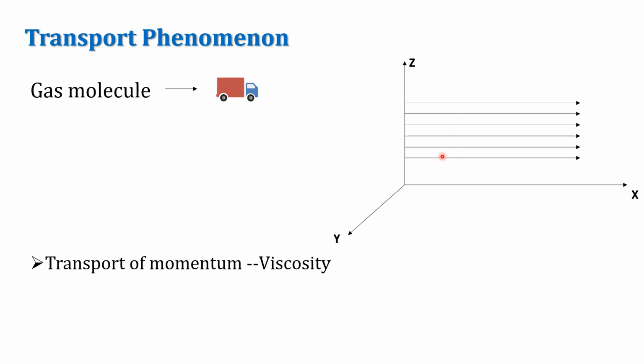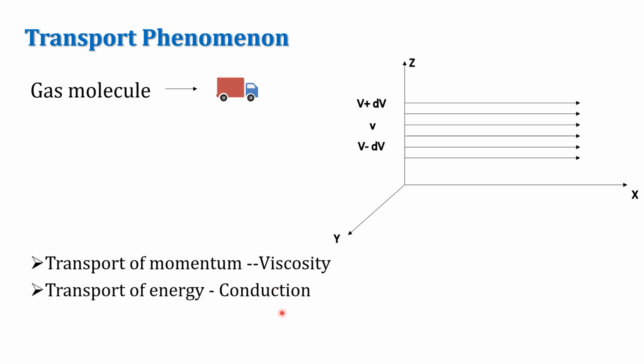In such a case, the faster moving layer, whose velocity is v plus dv, imparts momentum to the slower moving layer, whose velocity is v minus dv or v, so as to bring equilibrium state. This gives rise to the phenomenon of viscosity, and it is a result of transport of momentum.